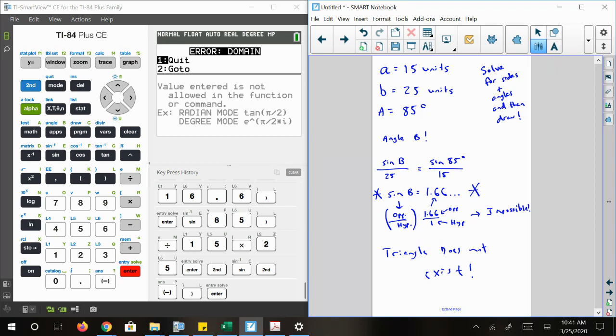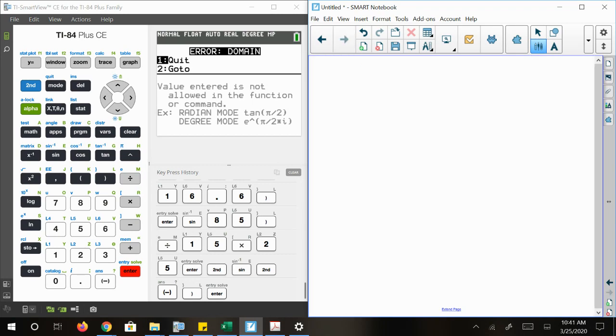One more thing for this video. I'd like us to real quickly try a word problem. So here's our word problem. Tom and Jerry are 100 feet apart from each other.